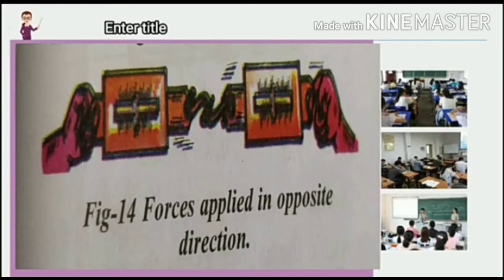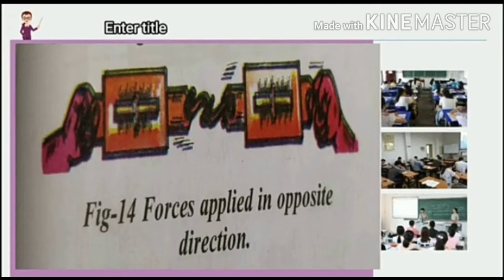That means when two objects exert force on each other, the forces will be equal in magnitude, but these two forces are in opposite directions. One spring balance I am pushing to one side, and the other spring balance I am pushing to the other side, one on the left and one on the right, applying the force.